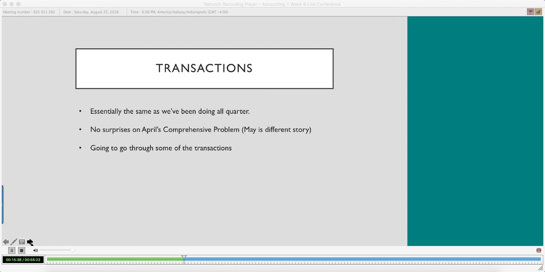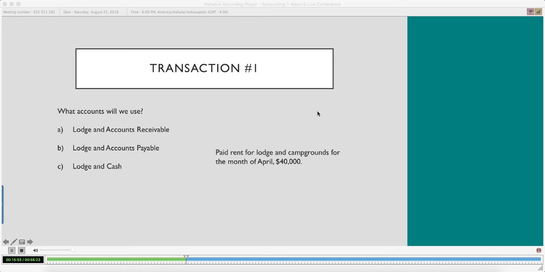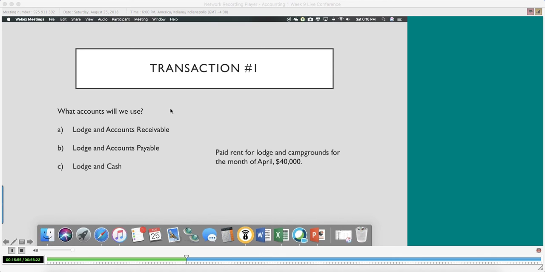Again, it's essentially the same thing. So now we're just going to go through a couple of the transactions, make sure that you're on the right track for the problem once it arrives. Let me open the poll transaction.